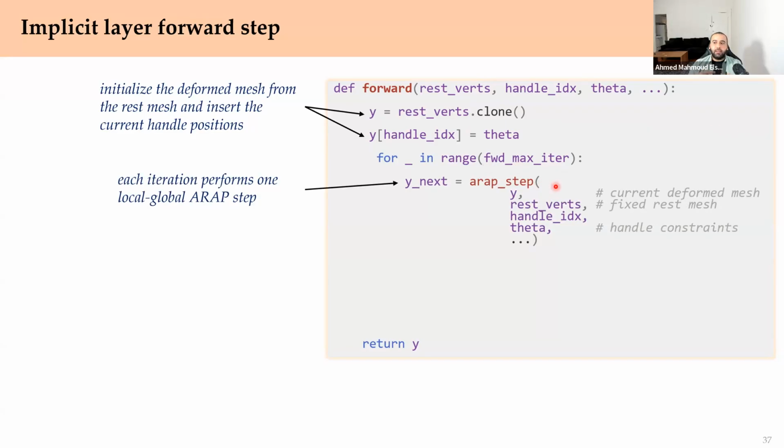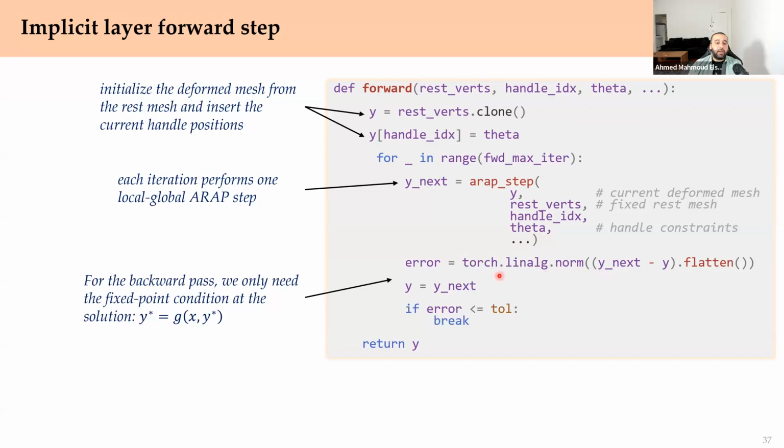Each ARAP step, again, is the local-global iteration. And then we keep track of the error: how much are we deforming, how far are we from the previous iteration? If the error is less than a certain tolerance, then we exit, or we exit if we exhausted the maximum number of forward iterations.